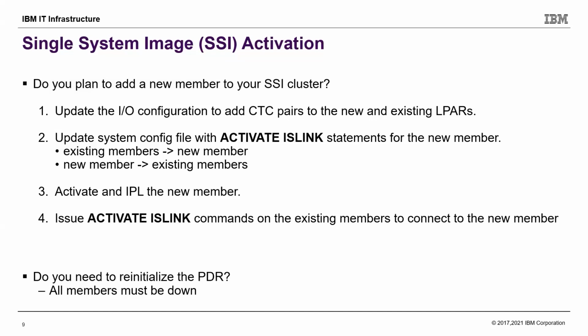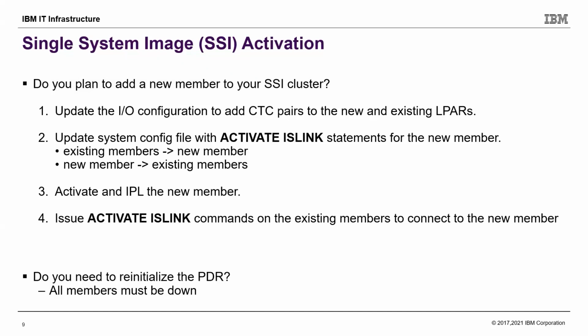And if you're familiar with SSI, you know that you have to have direct connections defined in both directions. So direct connections from every member to every other member in both directions. So you'll have to add these activate ISLINK statements from every existing member to the new member, and from the new member to every existing member.